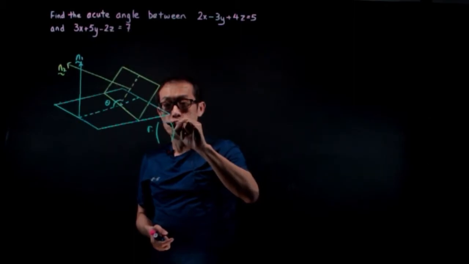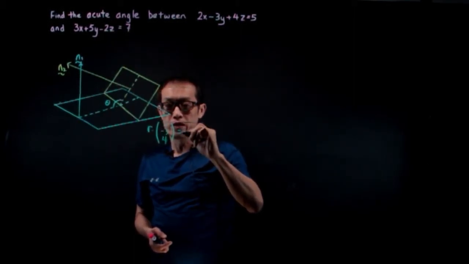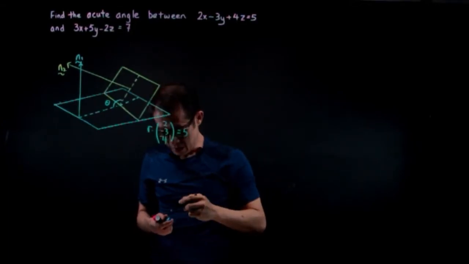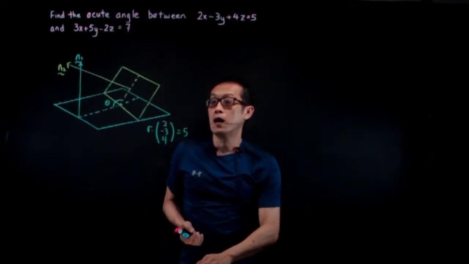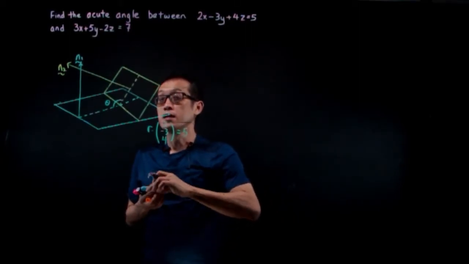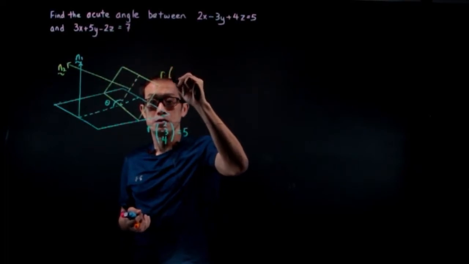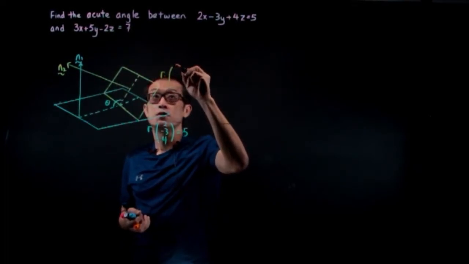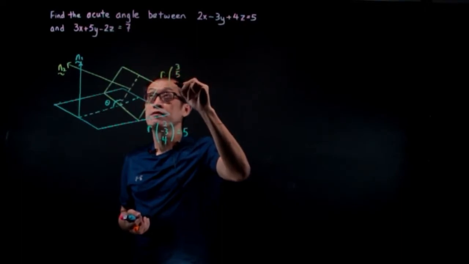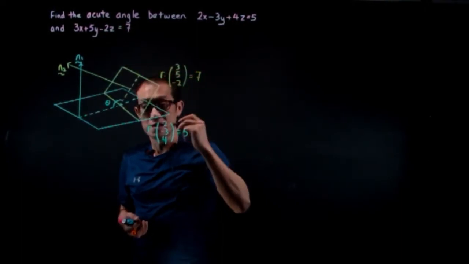So you have 2, minus 3, and 4, and over here you have 5. Now how about this one? In the same way, this will be equal to r dot 3, 5, minus 2, and then you have 7 here.